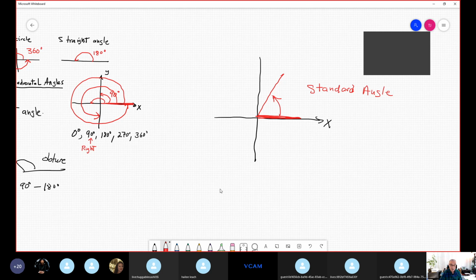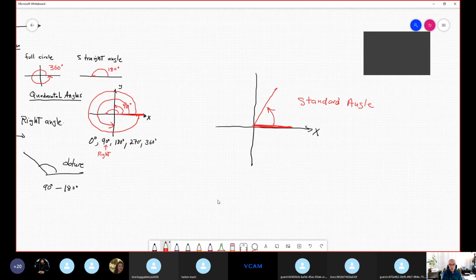Well, now the direction of the angle. For example, you see I selected counterclockwise as the direction. In this situation, the angle is positive. For example, suppose hypothetically this is 50 degrees.